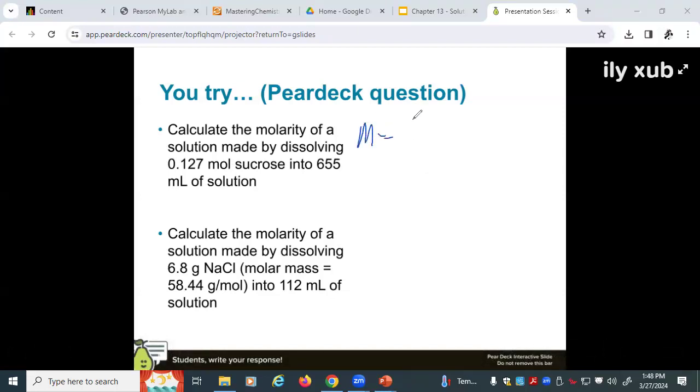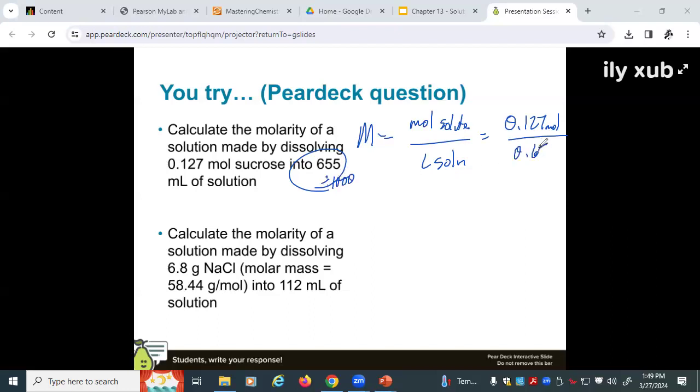Remember, molarity is moles of the solute over liters of solution. Since we're already given the moles of solute, the 0.127, the only thing left to do is deal with the 655 milliliters. We need to turn it into liters before we can use it. To turn it into liters, remember we divide by 1,000.